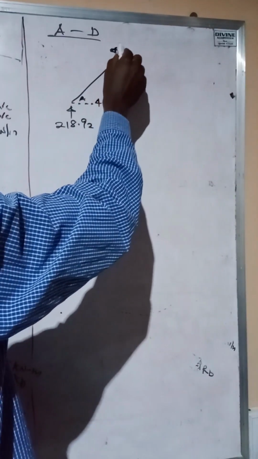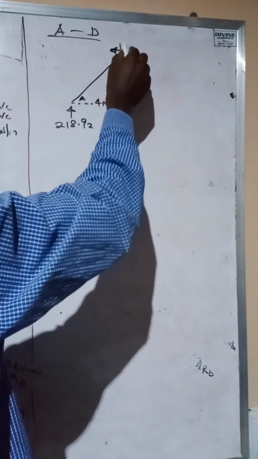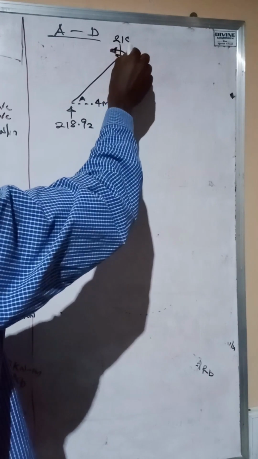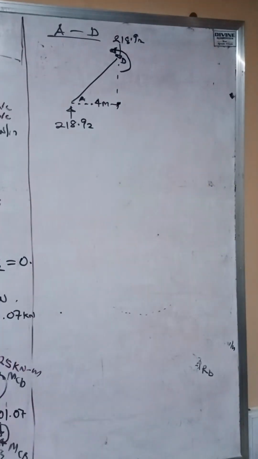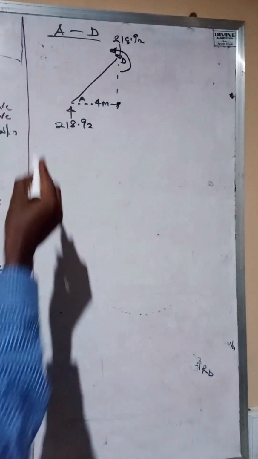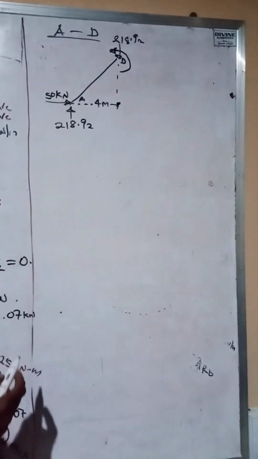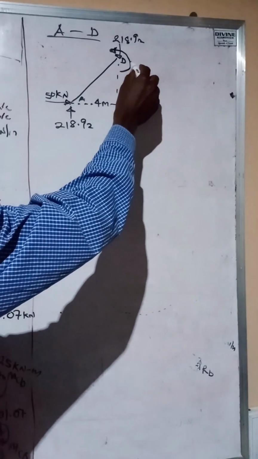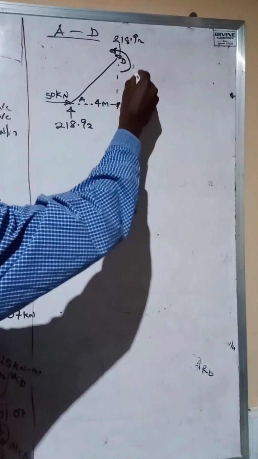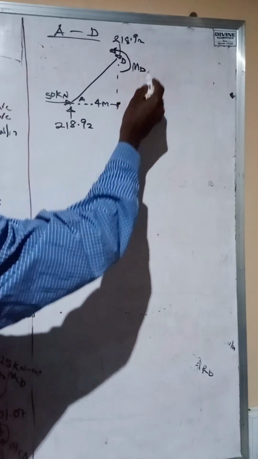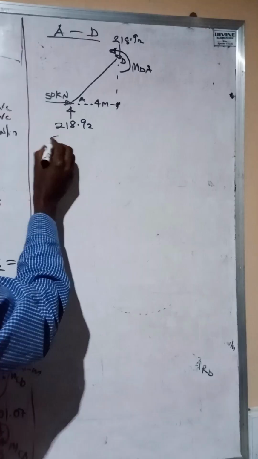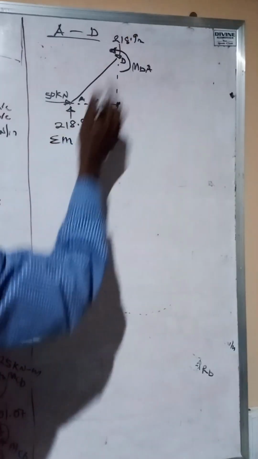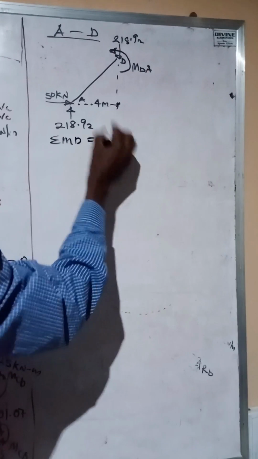And we know that the reaction coming here will be equal as 218.92. Okay, so let's treat this first. Now, in doing this, we need the moment at D, due to moment dA, or moment about point D, to be 0.